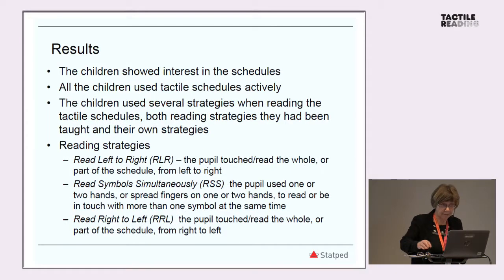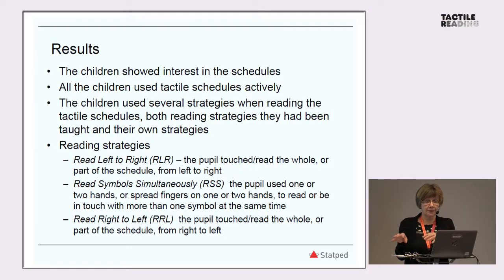The results were that we saw that all the children showed interest in the schedules. And all the children used tactile schedules actively. They used several strategies when reading these schedules, both reading strategies they had been taught and their own strategies. The reading strategies we saw were: read left to right, which they were taught, where the pupil touched or read the whole or part of the schedule from left to right.